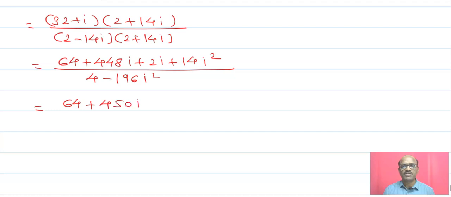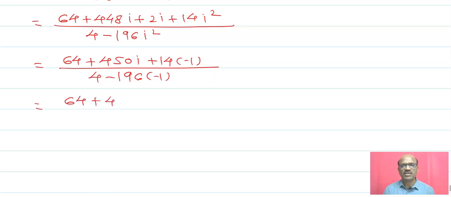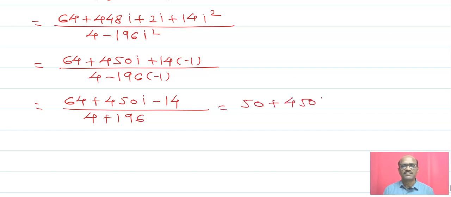Therefore 64 plus 440i plus 14 in bracket minus 1, 4 minus 196 into minus 1, and that's why you will get 64 plus 450i minus 14 upon 4 plus 196.